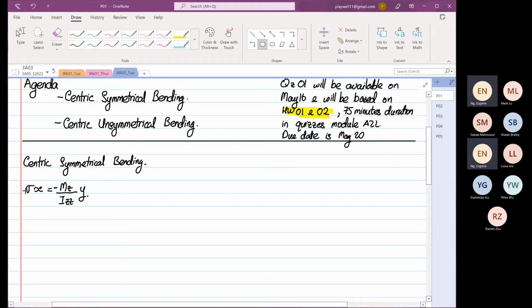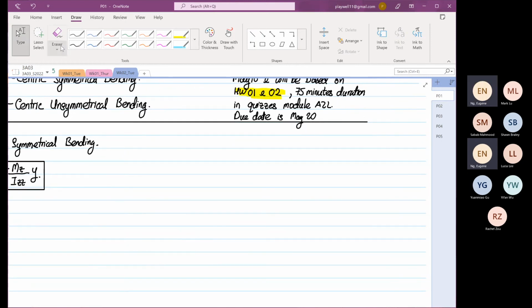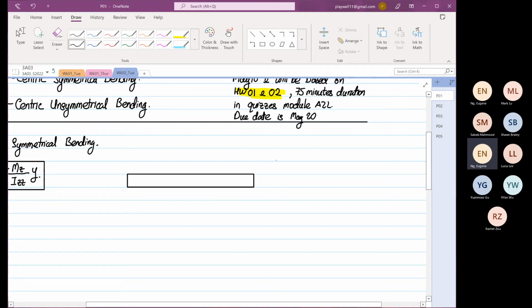So I'm going to draw two structures now. Both will be simply supported. So this is one of the structures. On one side it is a pin, on the other side a roller, and you have point A and point B. Then I'm going to have this structure under an evenly distributed load.